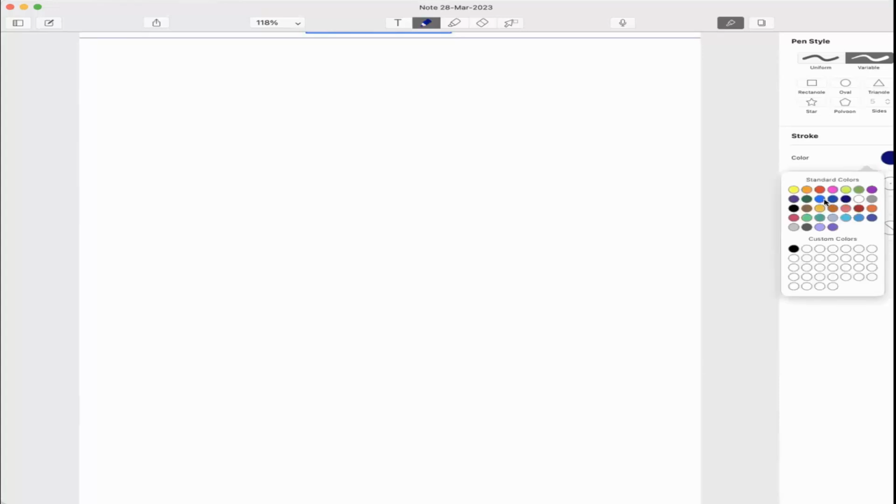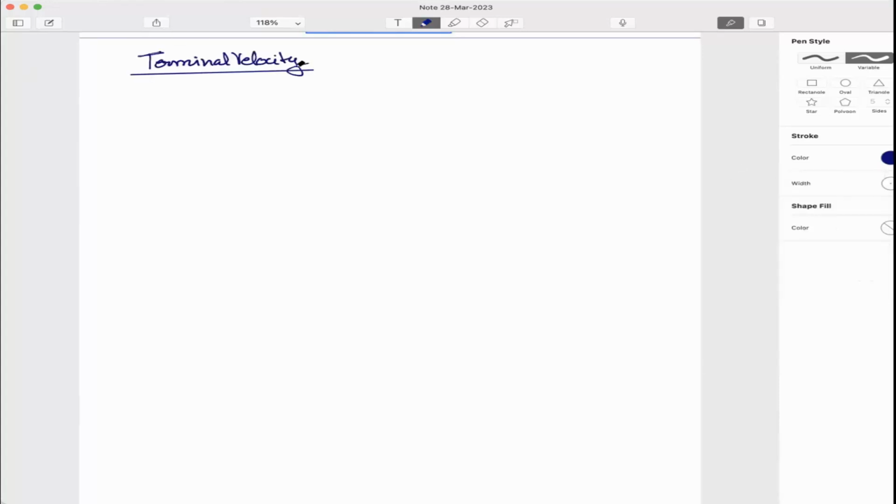Okay. Now moving ahead, there is a concept of terminal velocity. First I will write a definition.